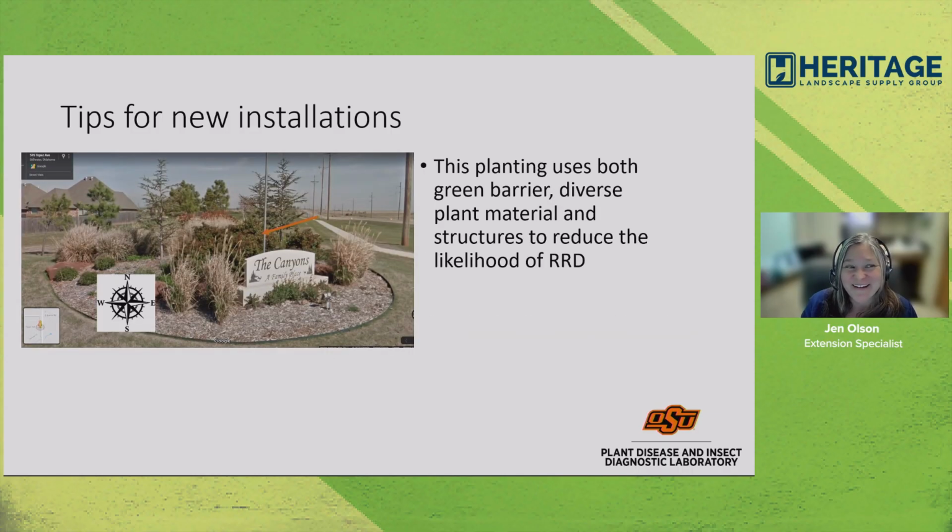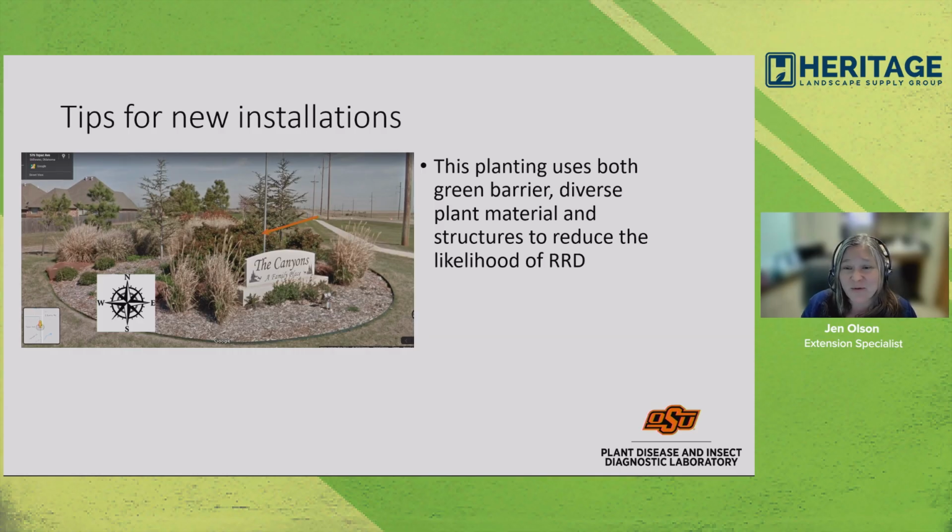So this is an image. I actually got this off of Google Street View. This is a neighborhood where my daughter's best friend lives. And over the years I have taken my daughter to her house many times, and I've noticed this planting. They have a lot of plant material that's non-roses. And then where the arrow is pointing is 3 or 4 rose bushes in the center.